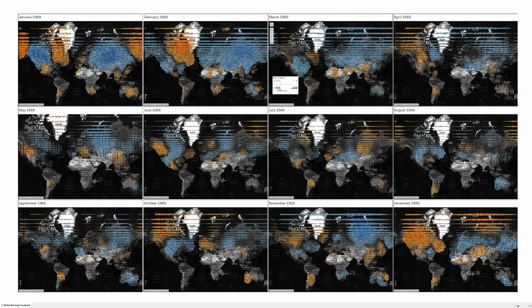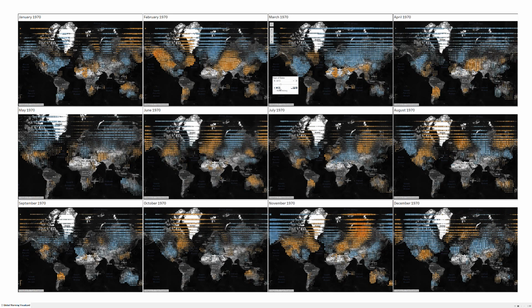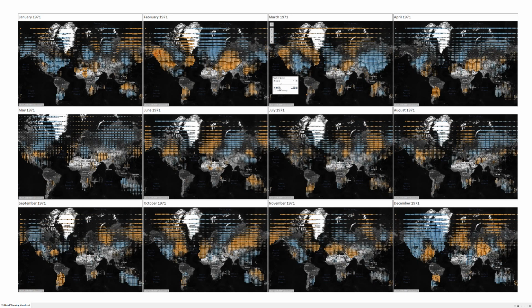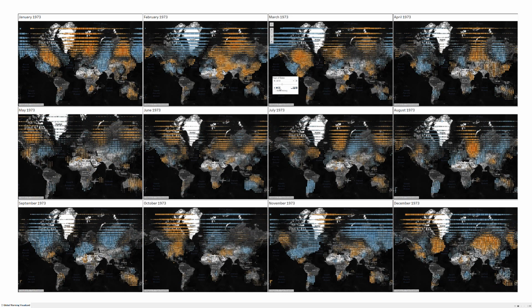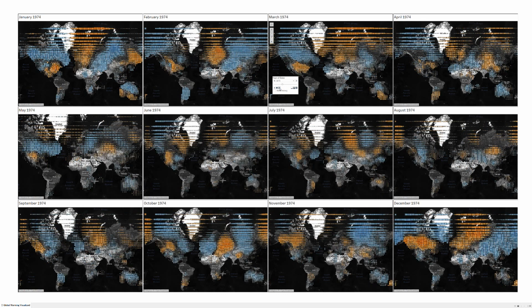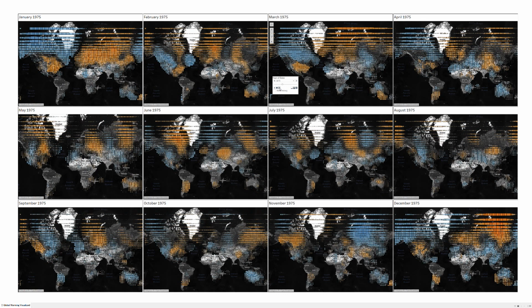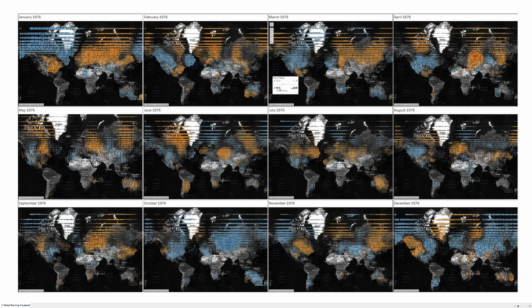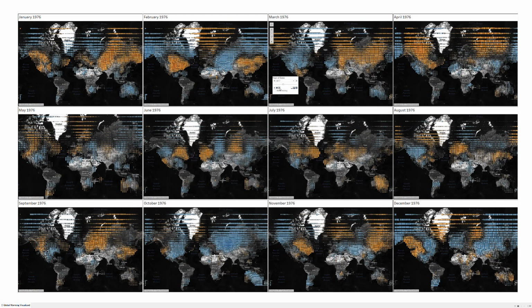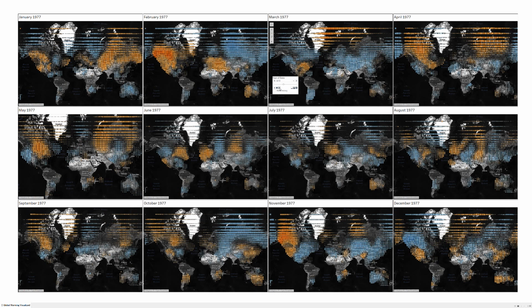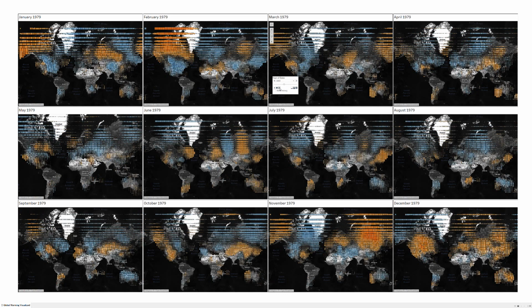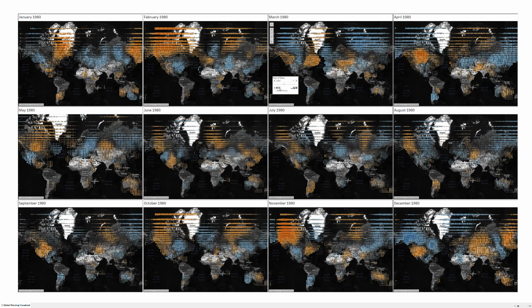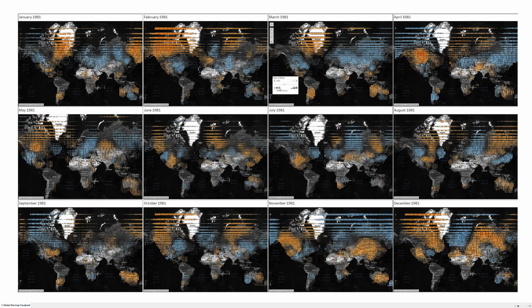As we get into the 2000s and 2010s, the amount of blue you see is far less than you see right now in the 70s, and you see more pronounced red. What that means is that there's heating going on across the Earth. Of course, you see most of the grid points are in the northern hemisphere because that's where most of the monitoring on Earth is located, but you have southern hemisphere monitoring too in South America, Australia, and South Africa. You can see those points.